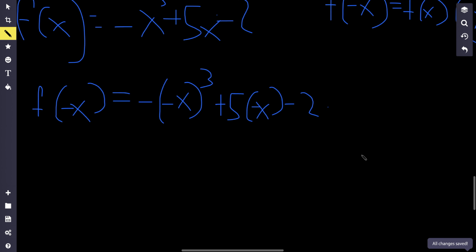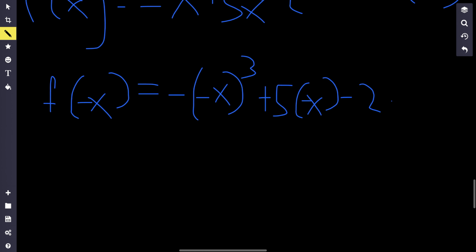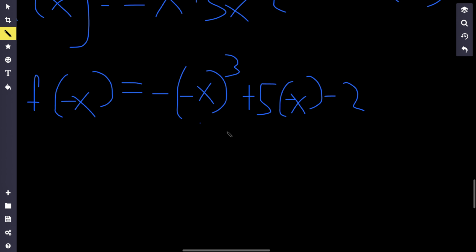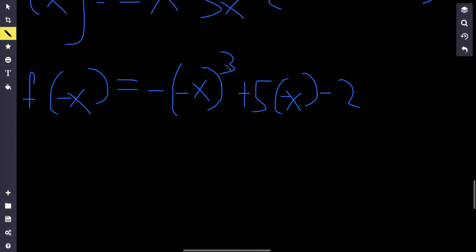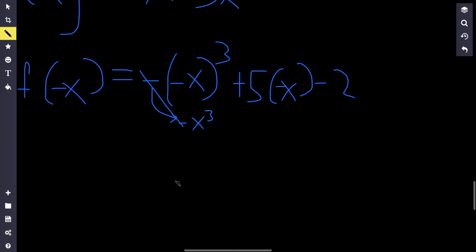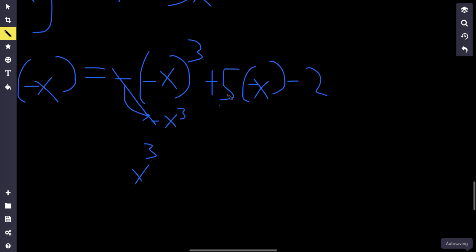And then minus 2. Now, simplify. Negative x to the third power is going to be negative x to the third power. And we still have this negative sign in front. Negative, negative makes a positive, right? This cancels out. So we get x to the third power, and then 5 times negative x is negative 5x minus 2.